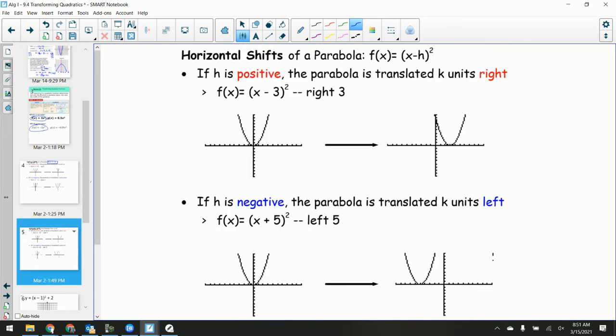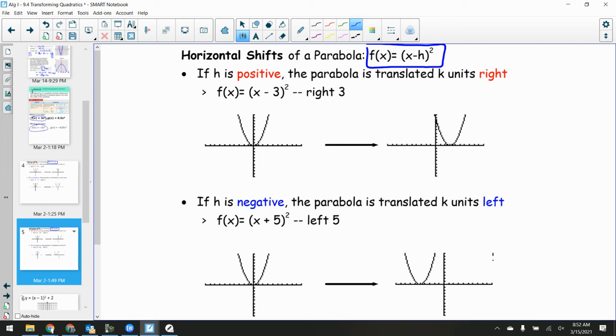Let's talk about horizontal shift. Now, everybody box or circle that rule up at the top, that f of x is equal to (x minus h) squared. This is the funky one. Okay. f of x is equal to (x minus h) squared.